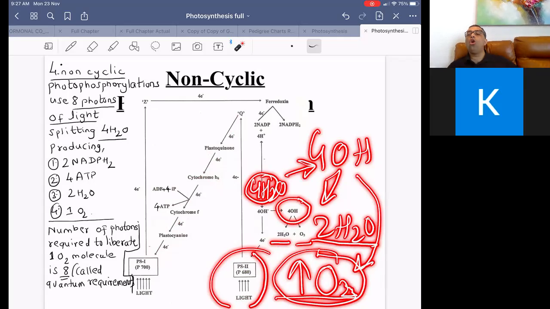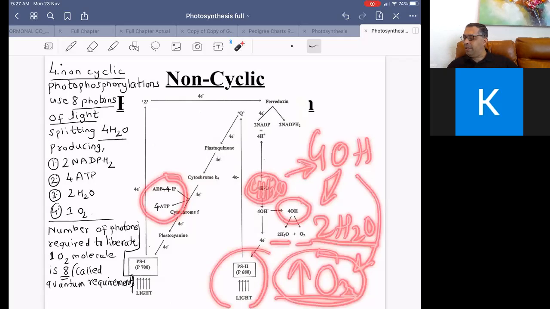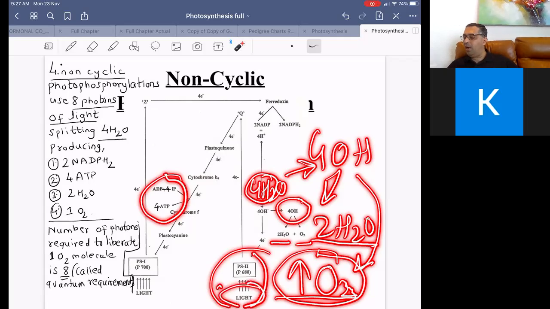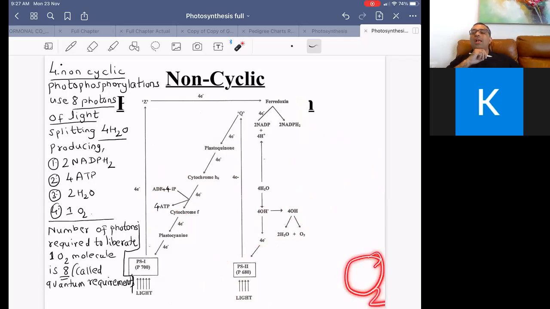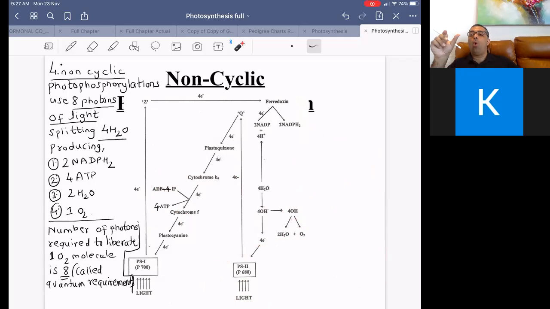So that is the role of light. Light will help in the formation of ATP, which is energy. And light will help in the breakdown of water into oxygen. So from light, water splits to form oxygen, which is used by other living organisms for respiration. That is how important sunlight is.